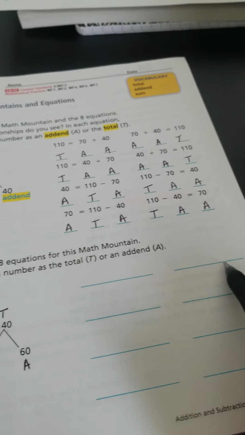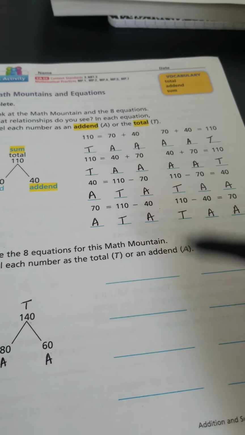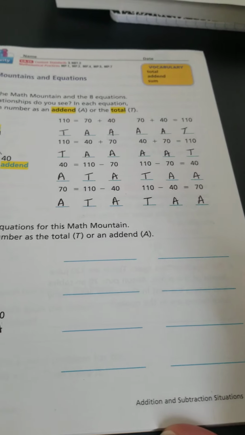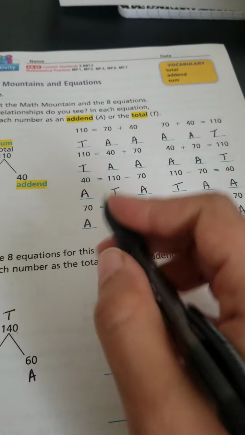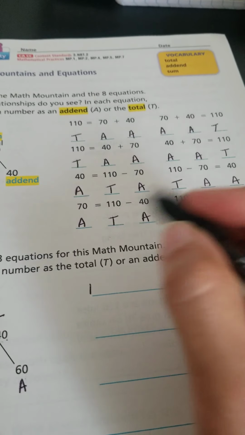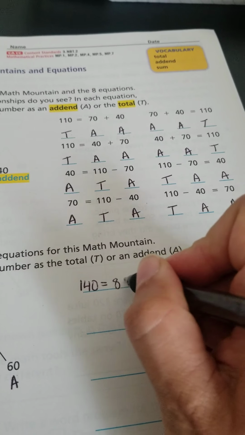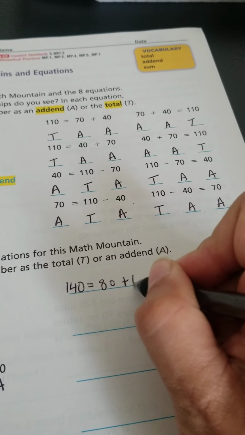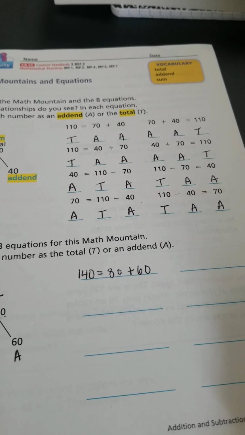So right here, we're going to write the equation just like they did them for us up here. We're going to do it now by ourselves. Okay, so the first equation we can write is 140 equals 80 plus 60. Okay, go ahead and write that down.